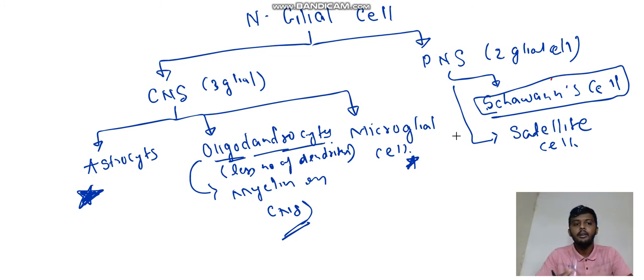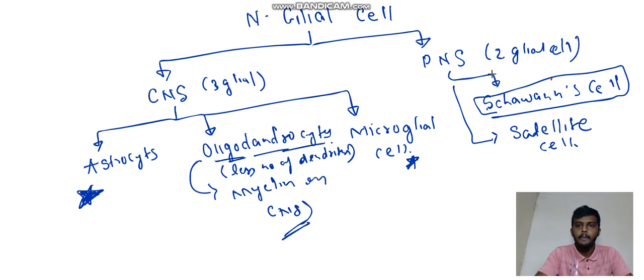Although myelinated and non-myelinated nerve fibers are present in both the central and peripheral nervous systems, myelination in the central nervous system is done with the help of oligodendrocytes, but in the peripheral nervous system it is done with the help of Schwann cells. So this much was the classification of glial cells.